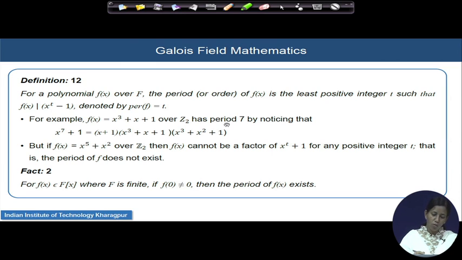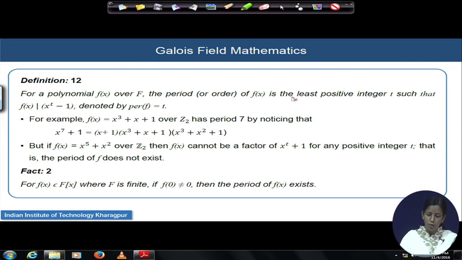Period means the order of f x, the least positive integer, denoted as t, such that f x divides x to the power t minus 1, and we denote this period of f as t.